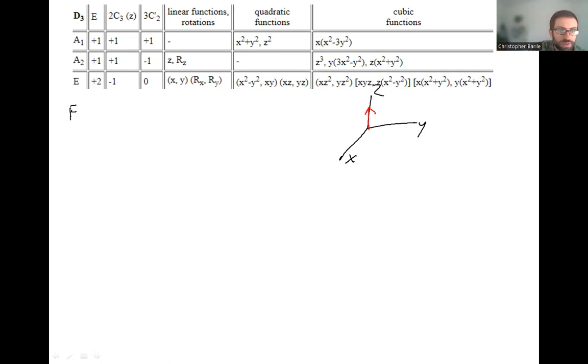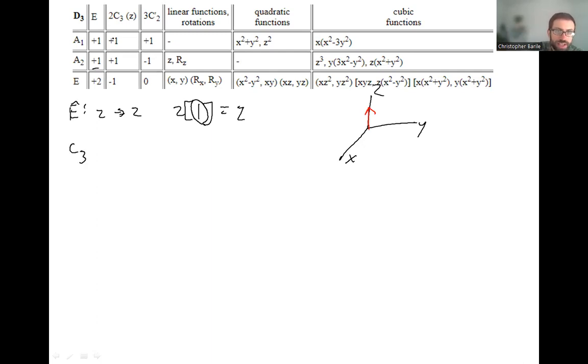And so, of course, if we do the identity operation on the z vector, that's going to get us z going to z. And then we take the trace of the 1 by 1 matrix that explains this transformation from z to z. That's just 1. We take the sum across the diagonal, the trace or the character of it, and so we get a value of 1.